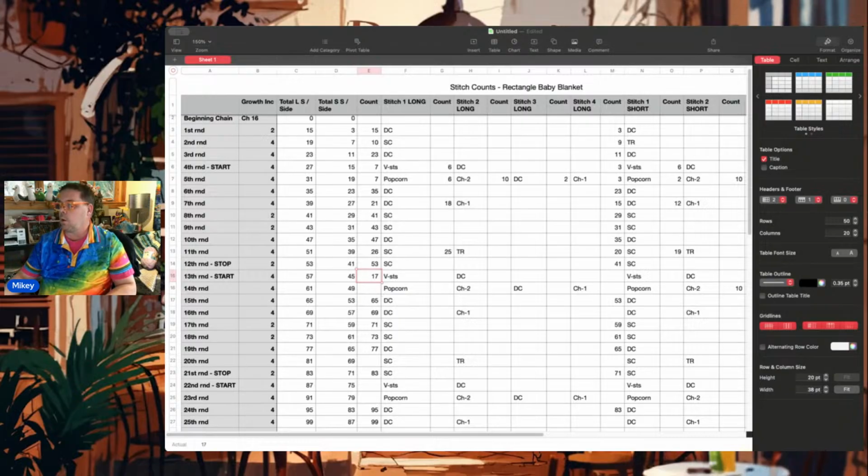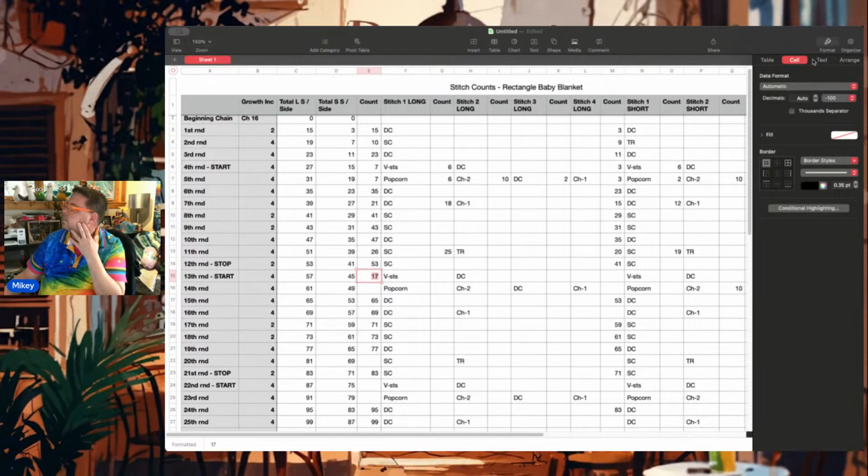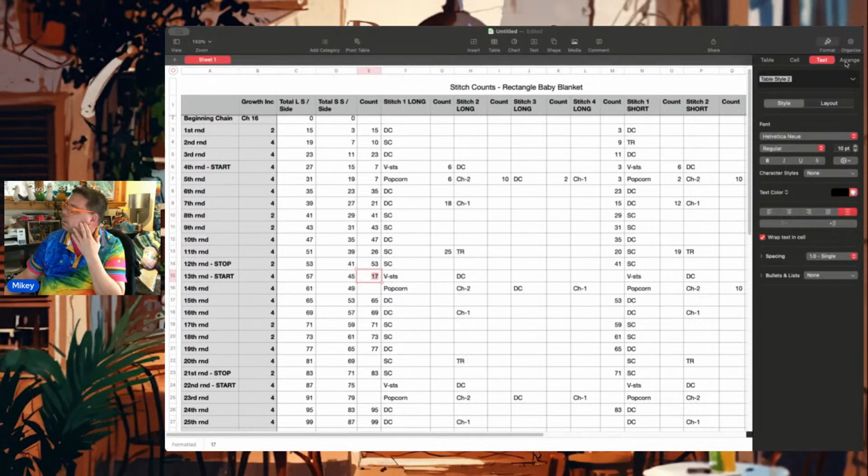So we know now, and we're going to just change the color. How do you change the color? The cell. So we know 17 is the magic number there.